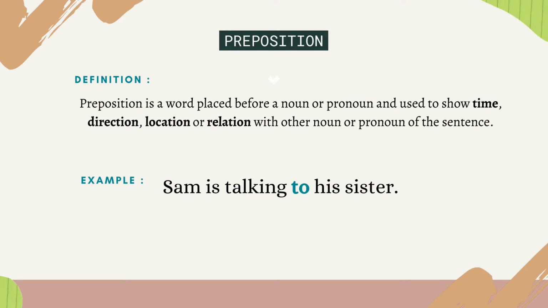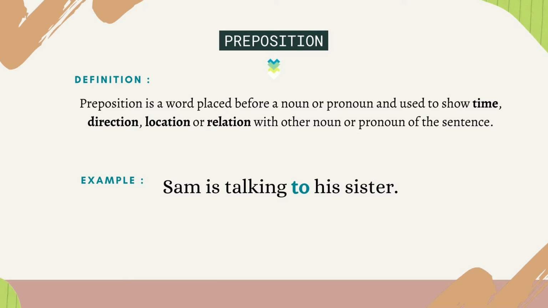Now let's understand what is called a preposition. A preposition is a word placed before a noun or pronoun and used to show time, location, direction or relation with another noun or pronoun of the sentence. Now come to the example.